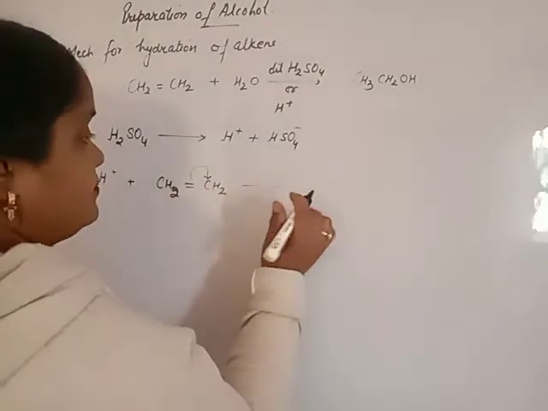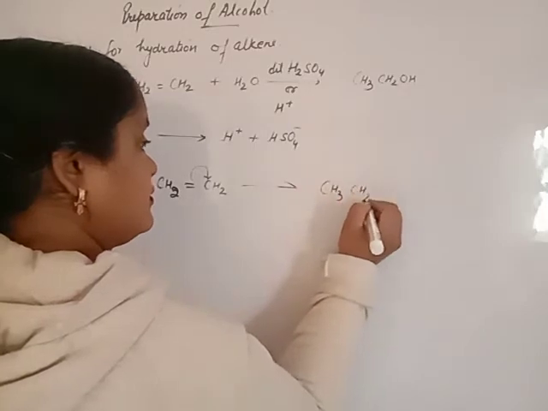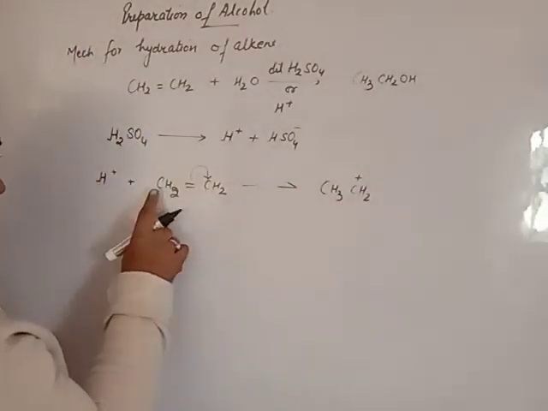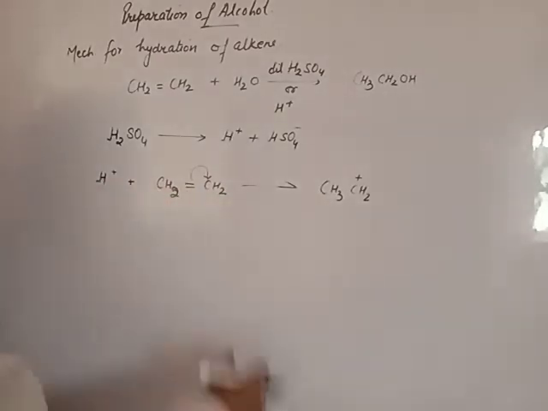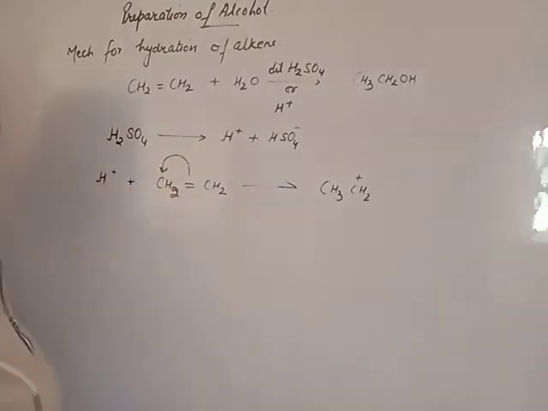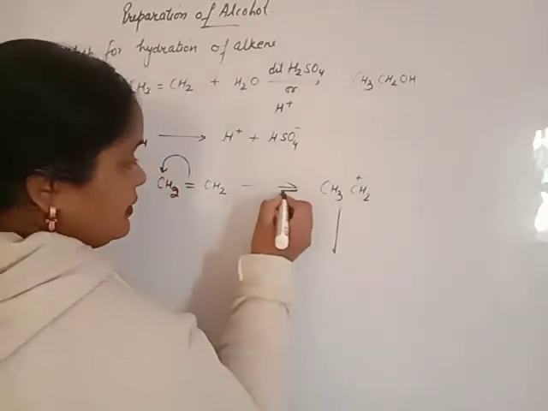You will get a carbocation. It is negatively charged, it is positively charged. Negative and positive addition takes place, and we get CH3. You will write like this. Both are the same, that will be okay.